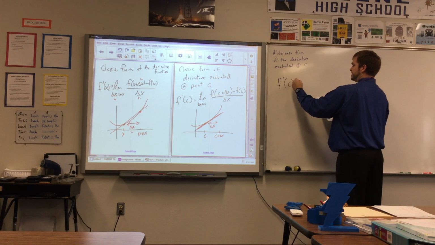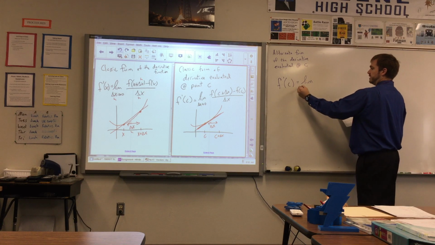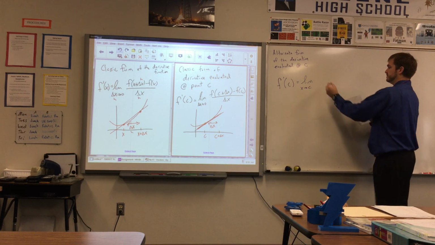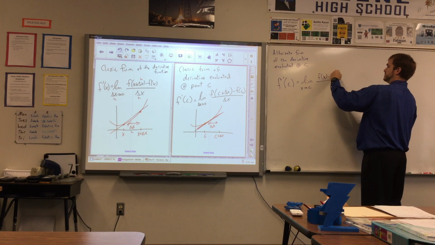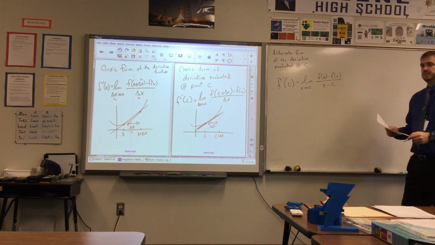So it's f prime of c equals the limit, and this is where it gets weird, as x approaches c of f of x minus f of c over x minus c.